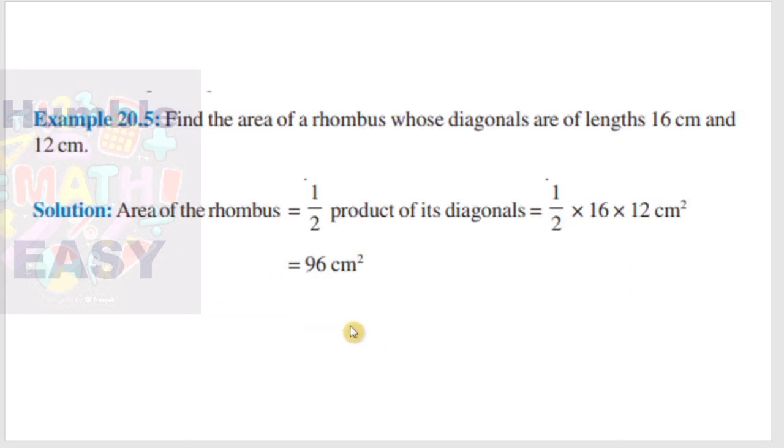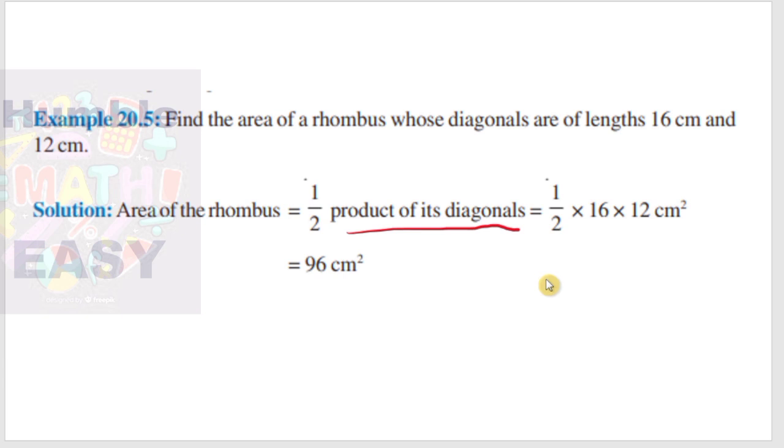For us to understand further, let's have an example. Find the area of a rhombus whose diagonals are 16 centimeters and 12 centimeters. And take note, the area of a rhombus is half of the product of its diagonals.